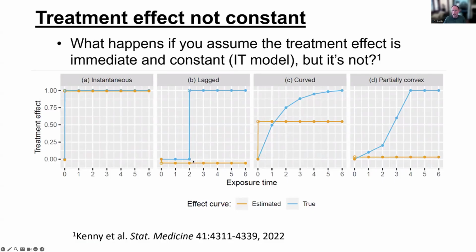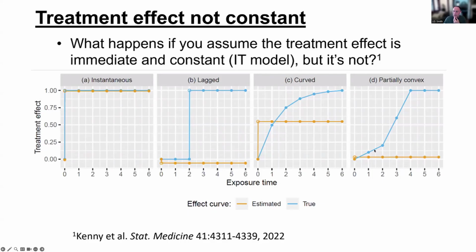That would likely be a null result. Similarly, for an instantaneous effect within the context of a true underlying curved effect, it would likely underestimate the effect of the intervention and may or may not be significant.